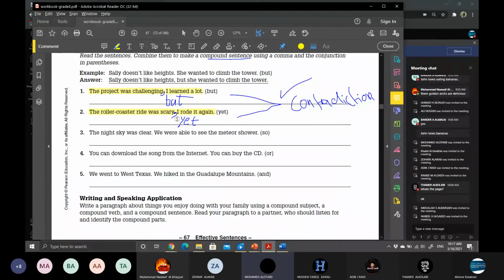Here in example number one, the project was challenging, but I learned a lot. Was this very surprising, to learn from a project? I do not think so. No, we make projects in order to learn. So it's not a surprising one.